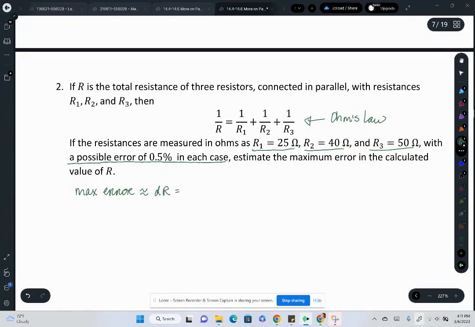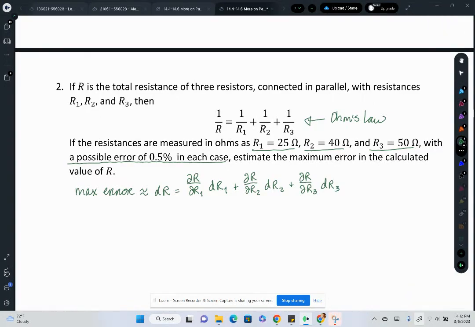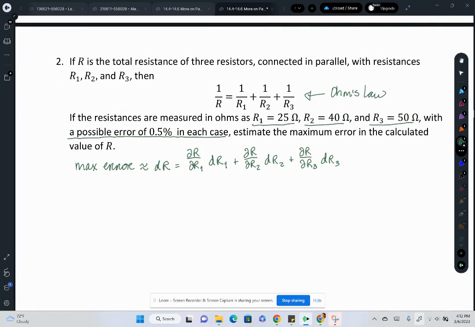So dR should be equal to the partial derivative of R with respect to R1 times dR1 plus the partial derivative of R with respect to R2 times dR2 plus the partial derivative of R with respect to R3 times dR3. So it is the sum of the first three partials, each getting multiplied by their own individual differential. Okay, so that's what we're going to have to calculate, but we have to come up with all the pieces.